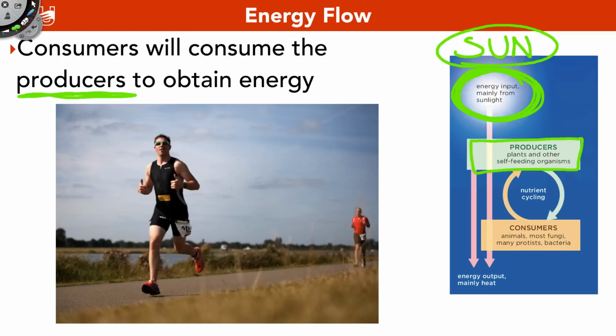Then you as the consumer can take that plant material and consume it for energy, or you can consume another consumer for that energy. Okay, either way, this guy running right here, the energy used for that ultimately comes from one source, and that is the sun.